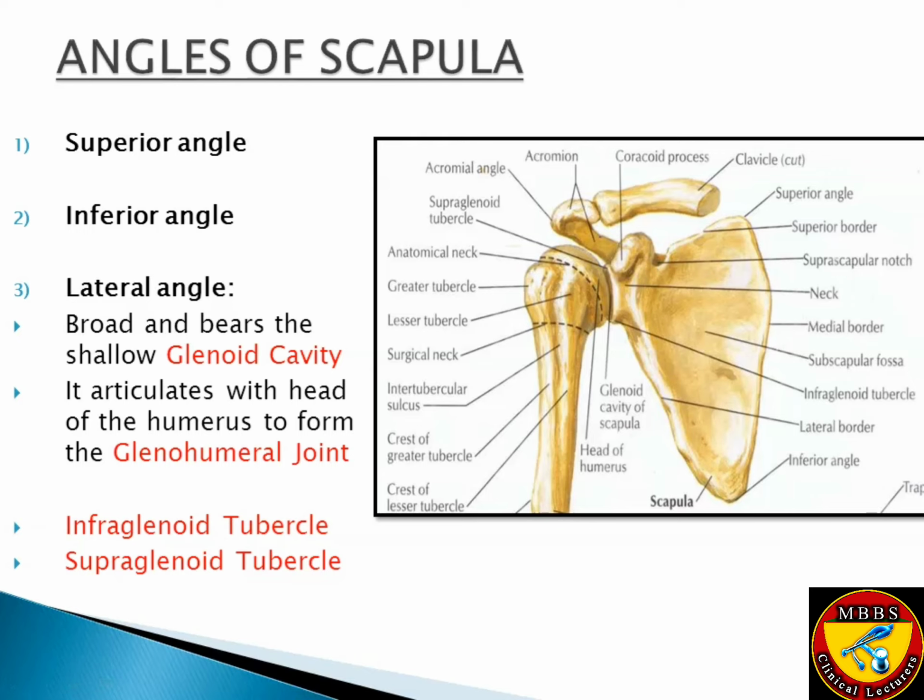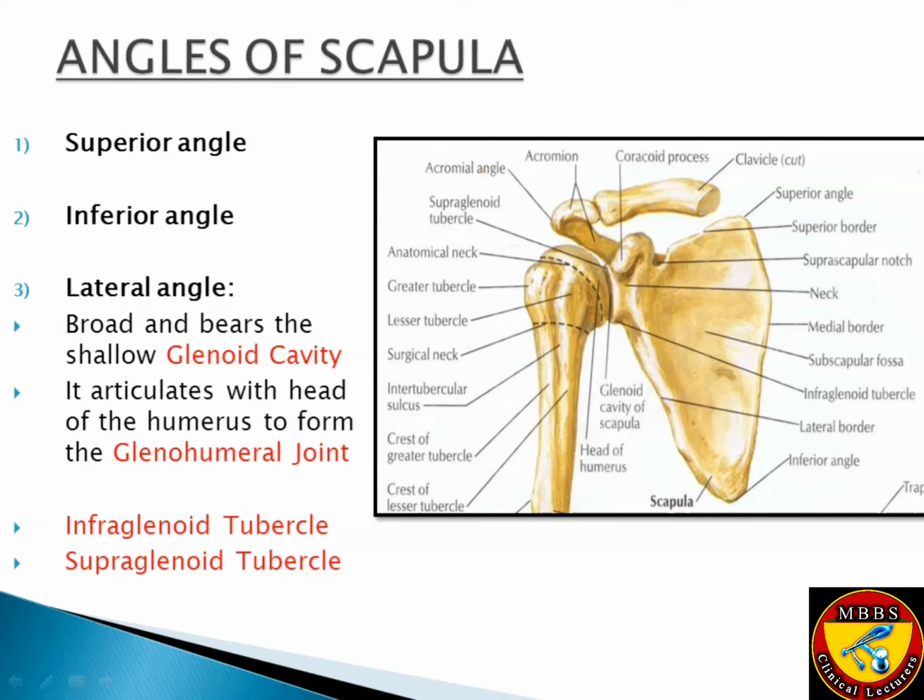The lateral angle faces laterally and it is broad. It bears a shallow cavity which is called the glenoid cavity of the scapula. This glenoid cavity articulates with the head of the humerus to form the glenohumeral joint, which is also called the shoulder joint.